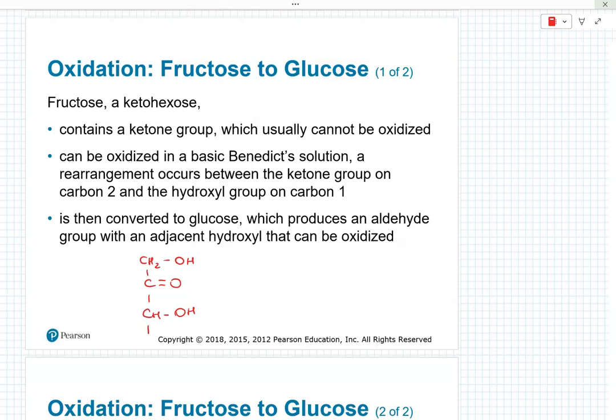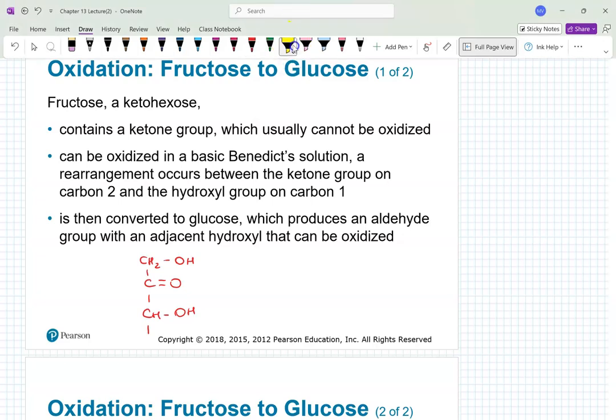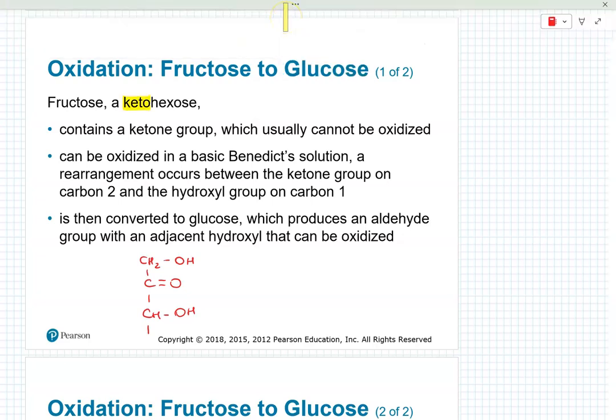Right? But if you place fructose, which is a keto hexose and contains ketone group, usually not oxidized, if you place it in the basic Benedict solution, the keto and hydroxyl groups get rearranged, okay? And essentially, this rearrangement converts fructose to glucose.